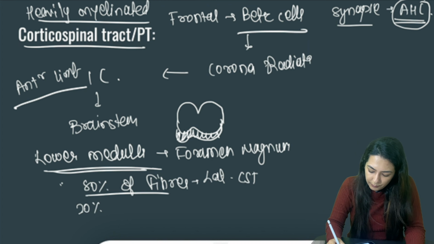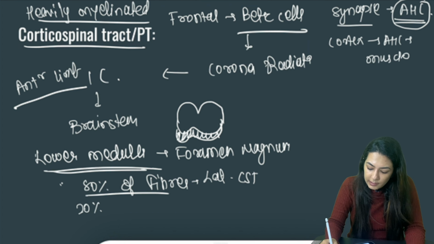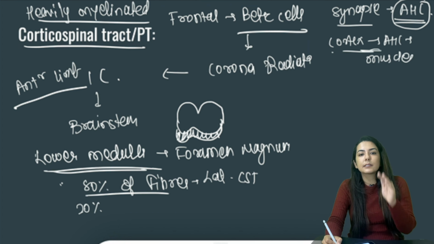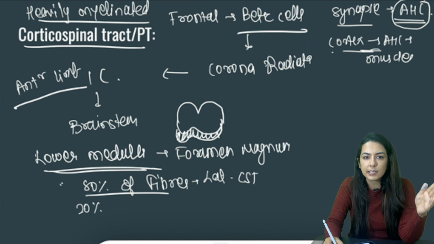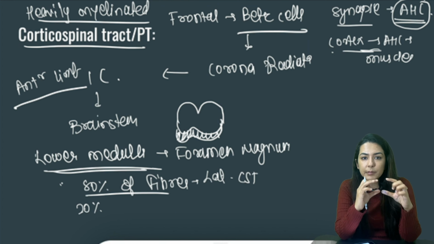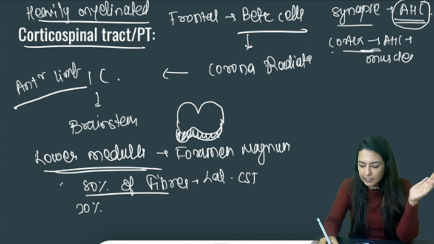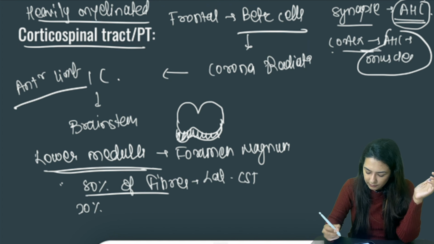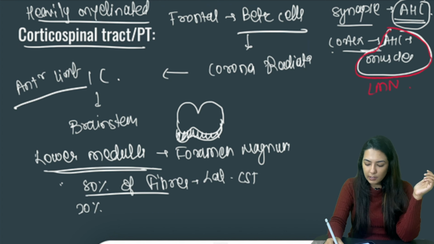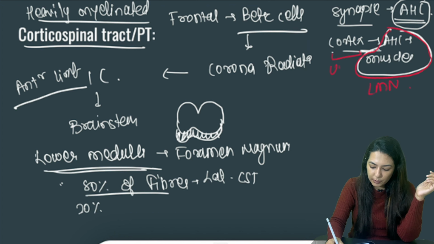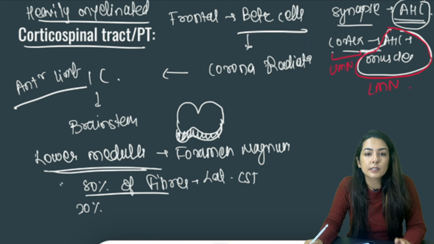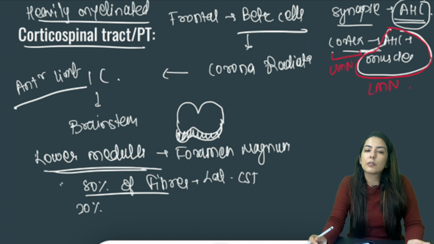So remember, from cortex to anterior horn cell to muscle. Up to the anterior horn cell, the corticospinal tract is the upper motor neuron. From the anterior horn cell to the muscle, it is known as the lower motor neuron. This will be important when we discuss the lesions of upper motor neuron and lower motor neuron.